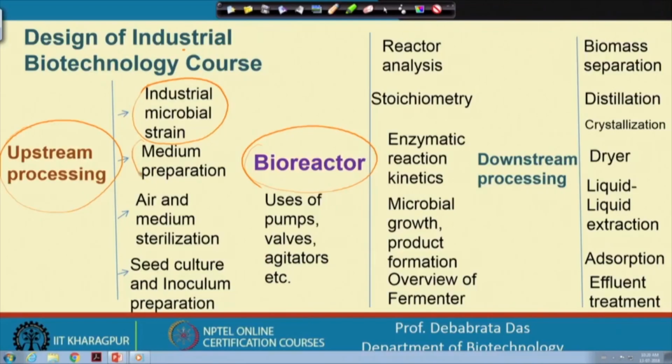Then, for the growth of the industrial strain, we require the media. I told you the media comprises four different types of components. You should have a carbon source, a nitrogen source, minerals and vitamins, and everything has a different purpose. Carbon goes for cell mass formation.